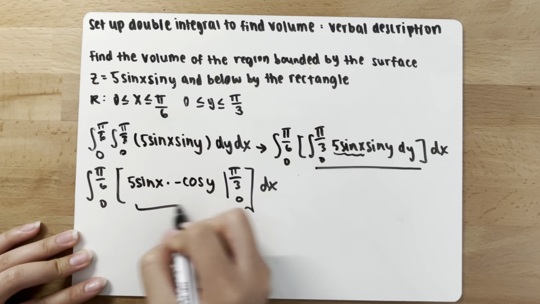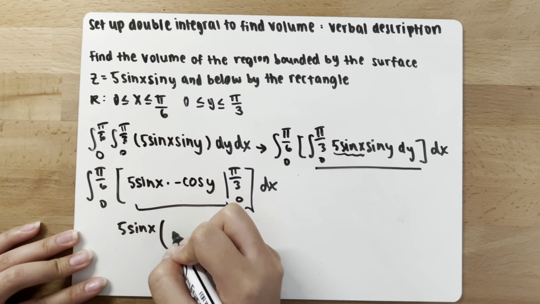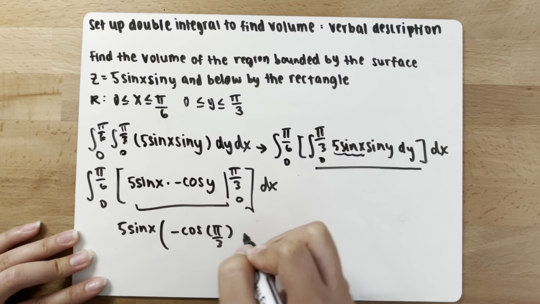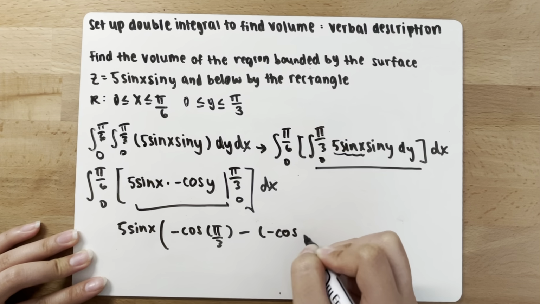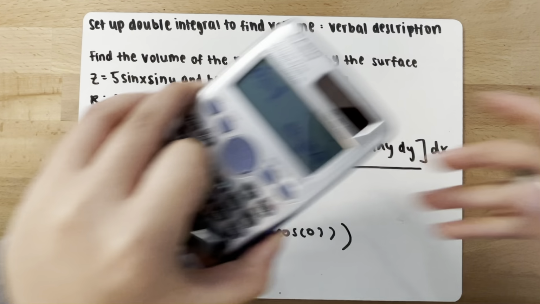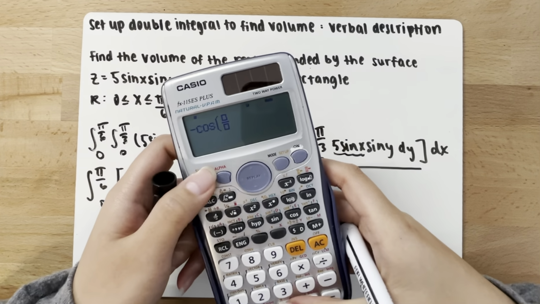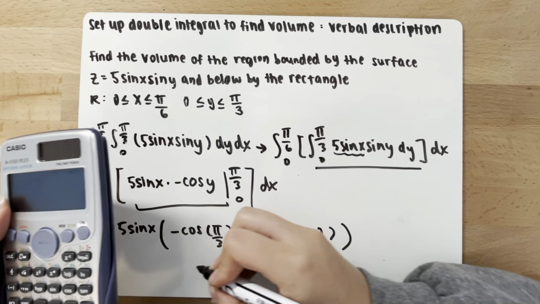Therefore, if we evaluate this, you get 5 sine x times negative cosine pi over 3 minus negative cosine 0. Plug negative cosine pi over 3 into a calculator, you get negative 1/2.